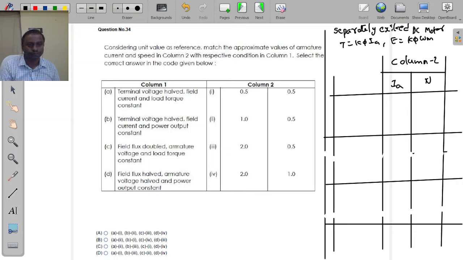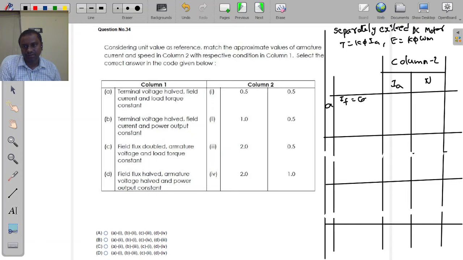Now we will take the first case: terminal voltage halved, field current and load torque constant. What is this case? Terminal voltage halved. So we will take it as separately excited.